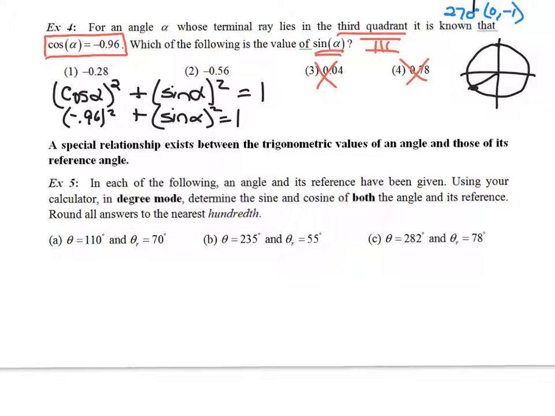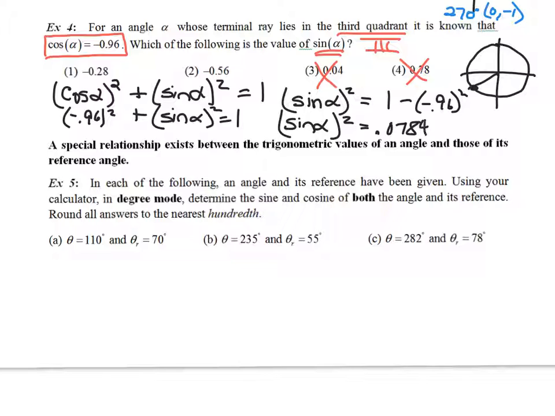So when I do this calculation, I'm getting that sine of alpha squared is equal to 1 minus negative 0.96 squared. So sine of alpha squared, when I do that calculation on my calculator, gives me 0.0784.